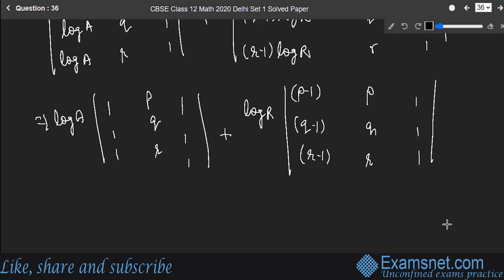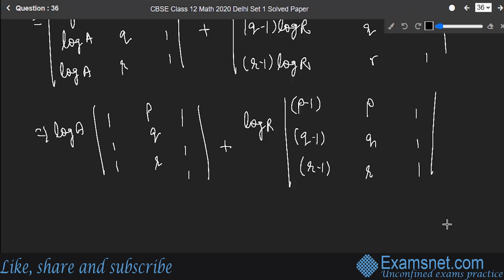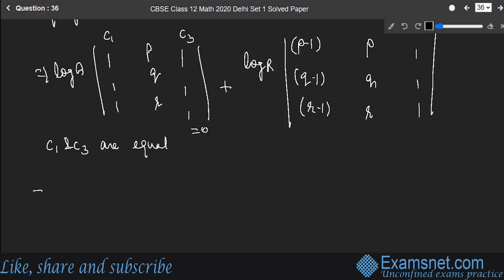I hope you got till here. See, over here, the C1 and C3 are equal. So when two columns or two rows are equal, then the determinant becomes 0. So this is equal to 0 plus log r.